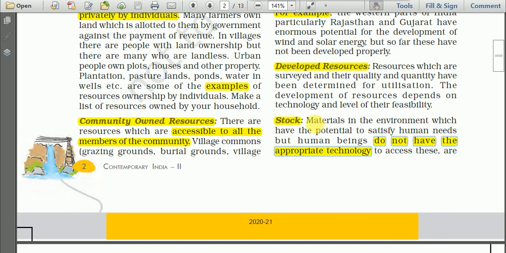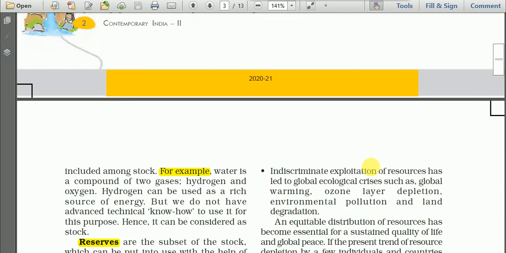Let me repeat, materials, not minerals, sorry. Materials in the environment which have the potential to satisfy human needs, but human beings do not have the appropriate technology to access, to utilize, to exploit, are called stock.